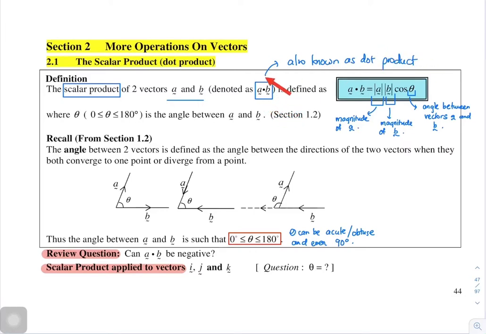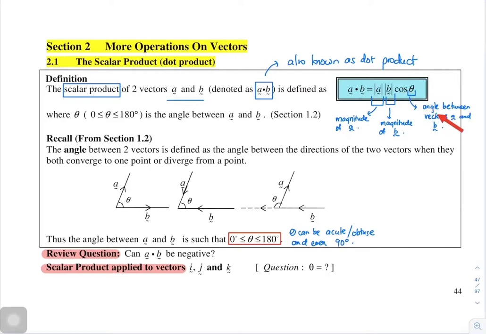The definition of dot product is, when I take two vectors, A dot B is actually equal to the magnitude of A times the magnitude of B times the cosine of the angle between the two vectors.